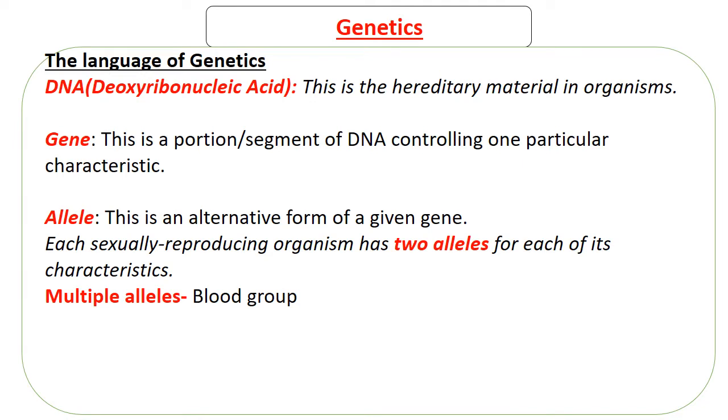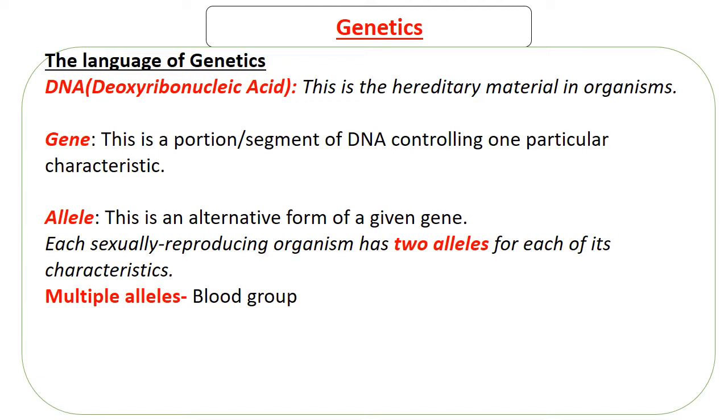But there are situations where we have multiple alleles, such as blood groups. For blood groups, each type of blood group has genes that determine it. So the different combination of genes will produce a given blood group.